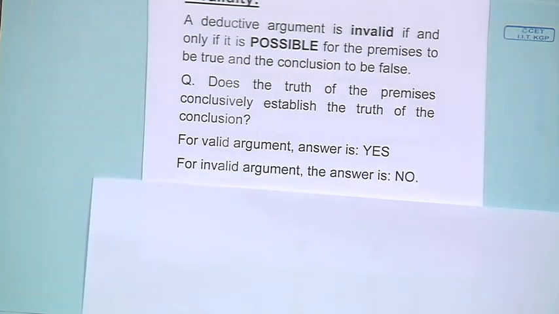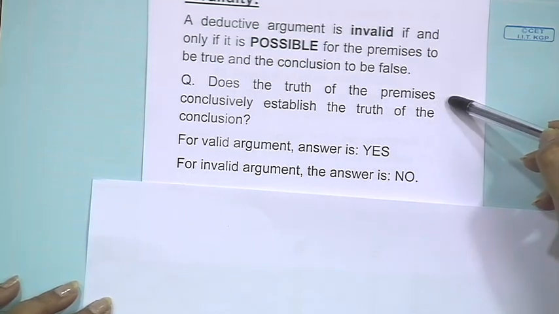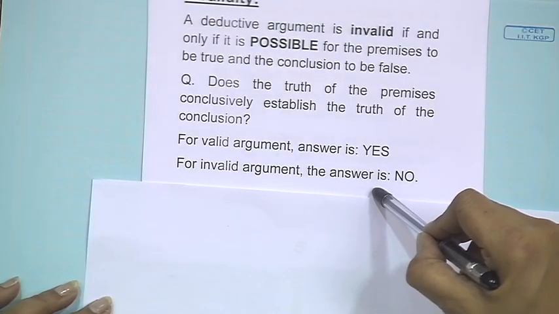For an invalid argument the answer is no, which means that even when you know that the premises are true, or when you assume that the premises are true, there remains a possibility that the conclusion may still not be true. How small the possibility is does not matter. As I said, even the smallest chance, if you think there is a chance remaining, automatically puts it in the category of invalid arguments.